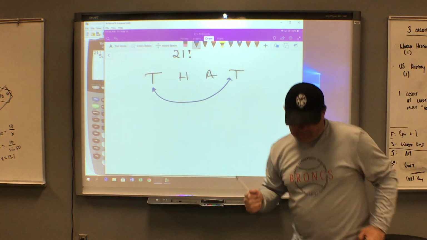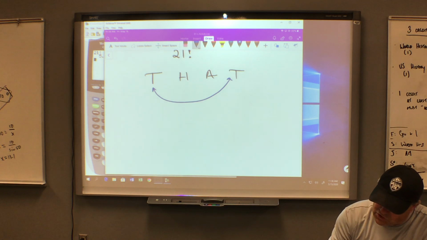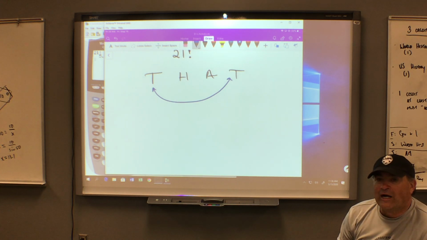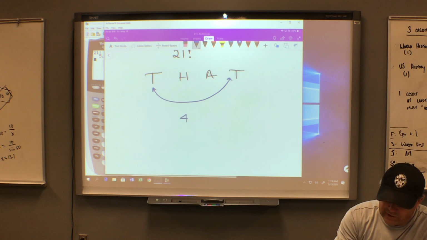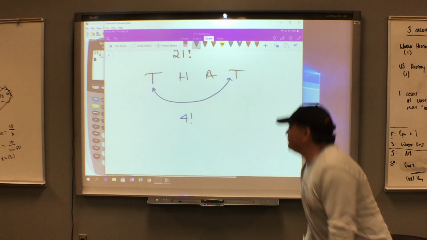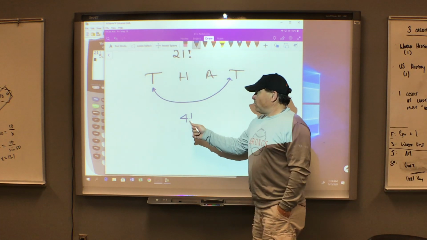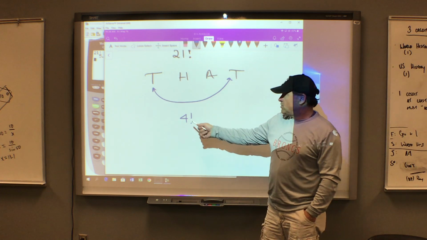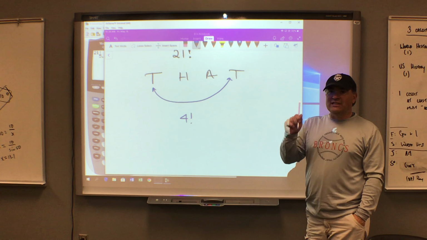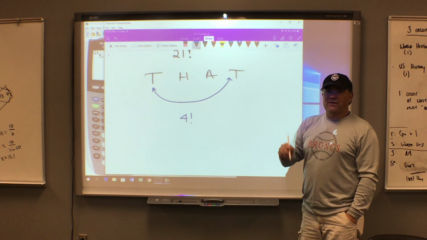Okay, so if it doesn't change, well, we have 4 objects. So if we thought about how many different ways we can do that, well, we could do 4 factorial. And that would be 4 times 3 times 2 times 1, which is 24. But the problem is we would have to eliminate the ones that repeat.